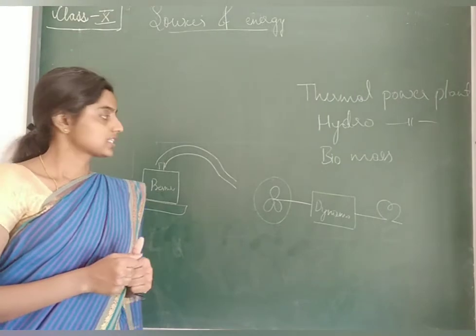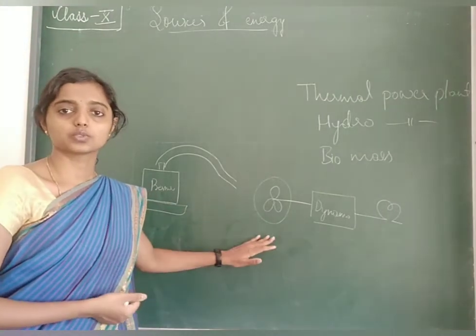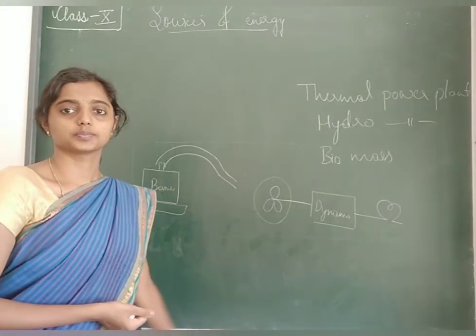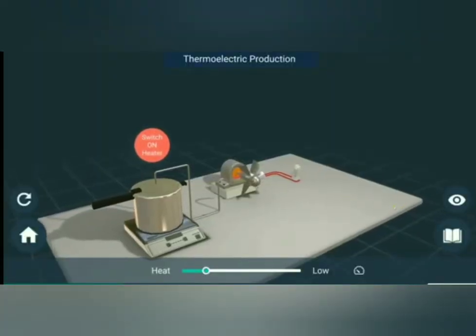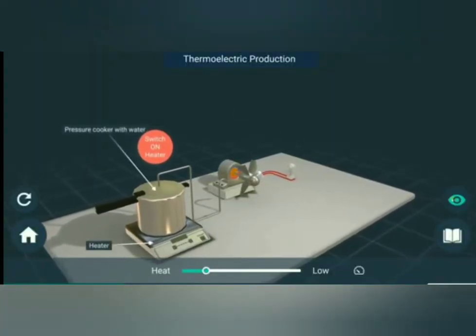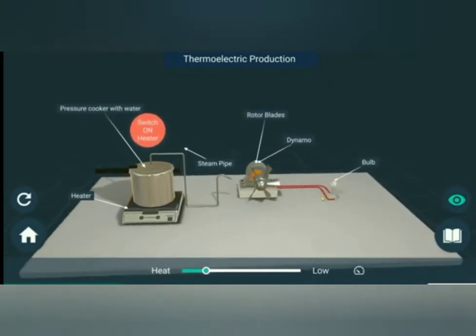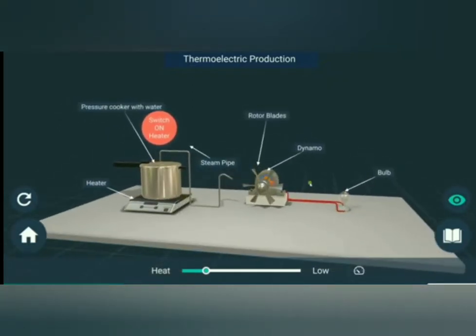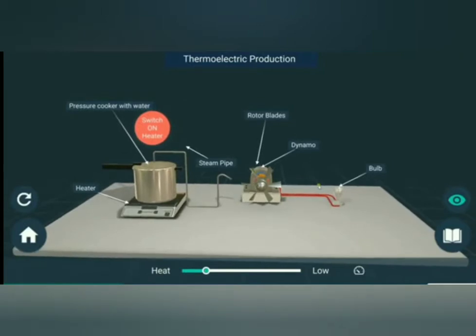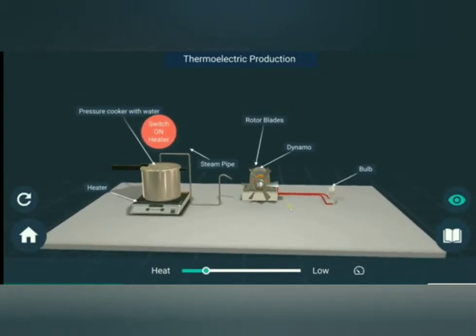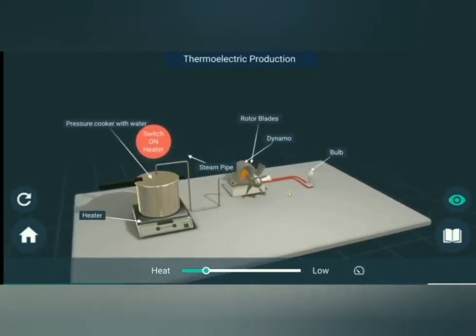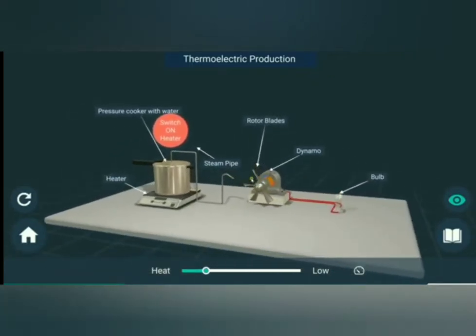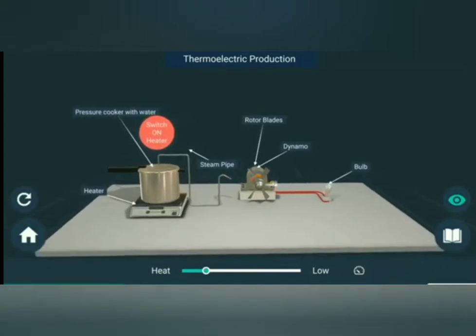Now let us see how this activity practically works. We have set up a pressure cooker with water kept on a heater, and a steam pipe is connected to the top of the cooker, through which the accumulated pressure passes out upon heating. Watch carefully.